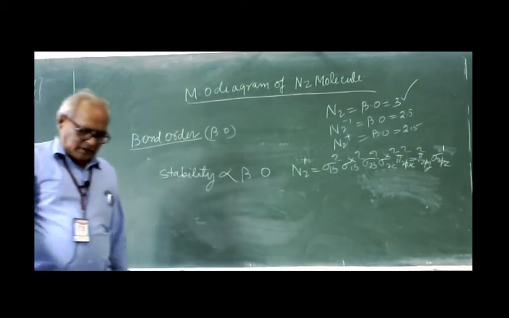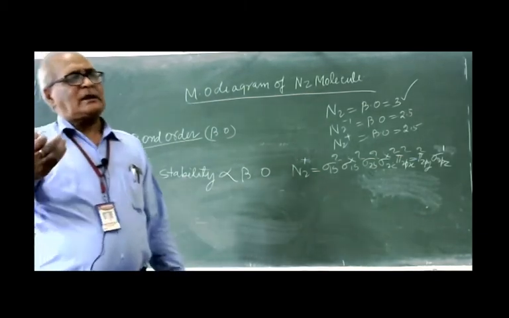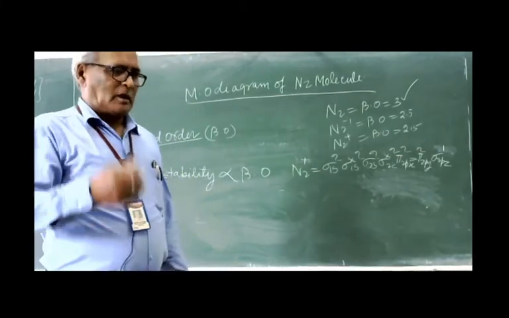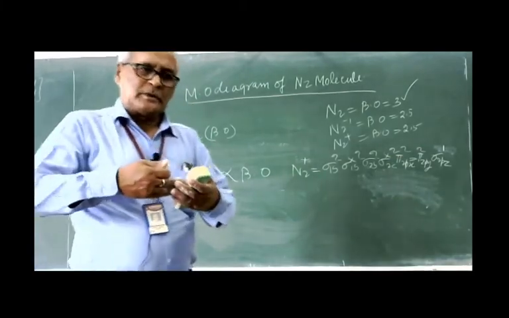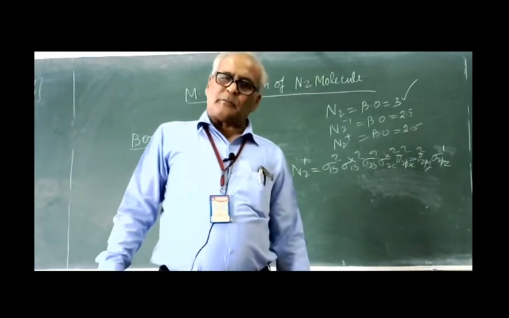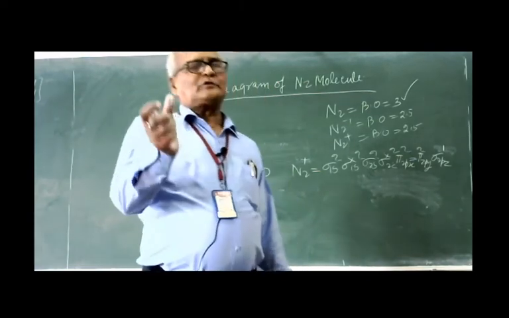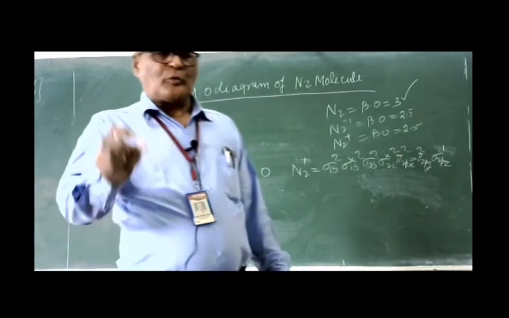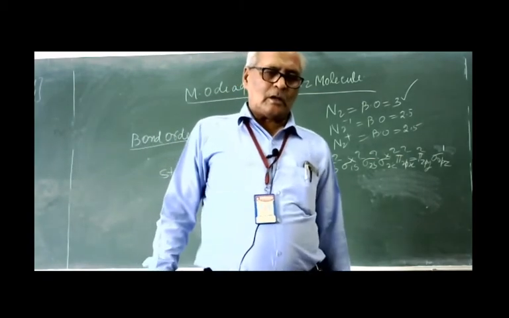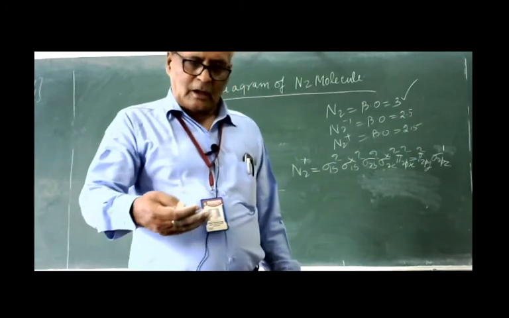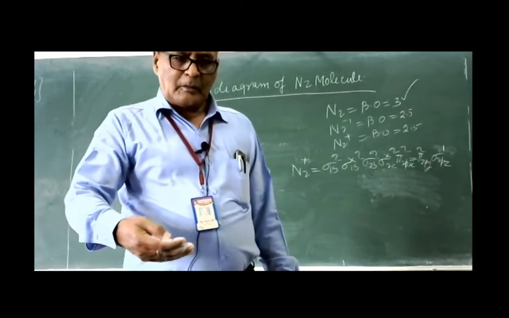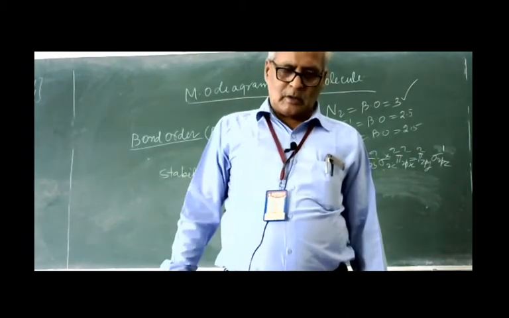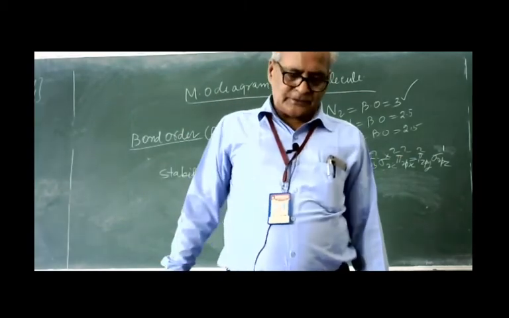Now another thing: what is the relation of bond order and bond length? Naturally, if there are more bonds in the molecule, the bond length will be shorter. If there are 2 bonds in the molecule, the bond length is bigger than the bond in the nitrogen molecule, because there are 3 bonds.